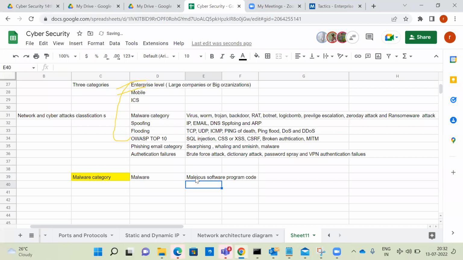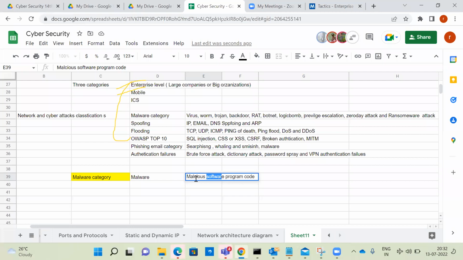You can see the first three letters of malicious are "mal" and the last four letters of software are "ware". Combined together, it becomes malware: a malicious software program code developed by the attacker.